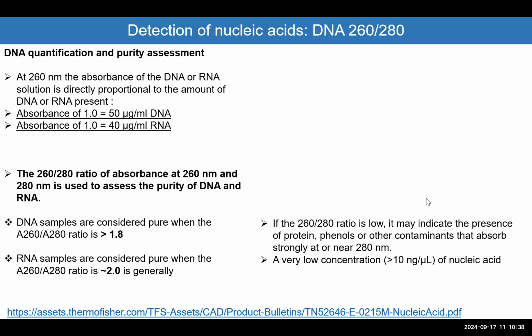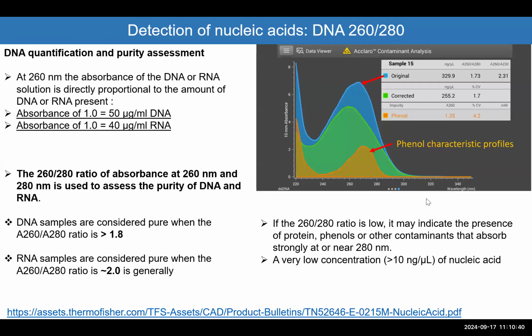But let's imagine we have this figure here where we ran 3 different samples into a spectrophotometer. So the first thing you notice, if you ran phenol only, I give you a sample and it contains only phenol, it will give rise to a spectrum that looks like the DNA.